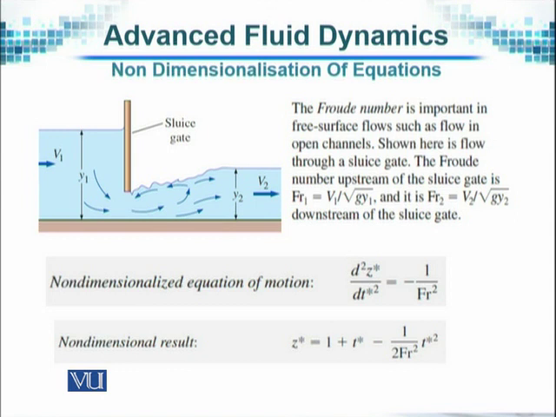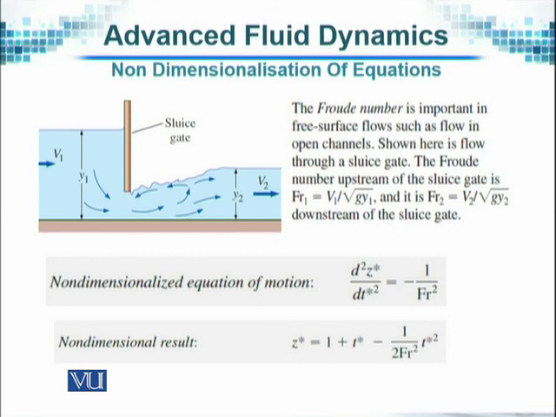And as I say, in a fluid flow situation, the Froude number is most commonly used. You can see here the two values in a fluid flow, shown in an open channel flow through a sluice gate. So a gate that can be closed and opened.